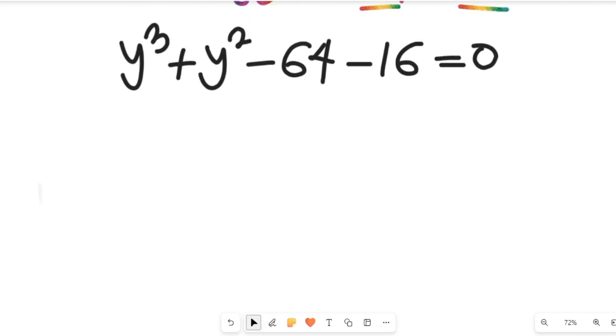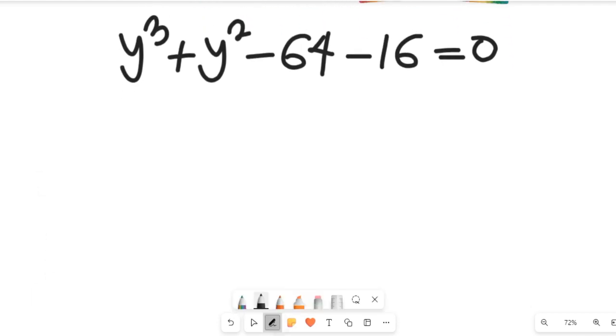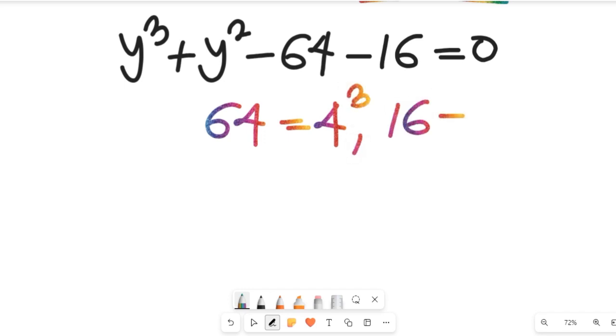Great. Now, having arrived at this, we also want to bear in mind one straight point. And what is that point? That 64 can be equal to 4 to the power of 3, right? Good. And 16 can be equal to 4 to the power of 2. So you see that expression can be factorizable.